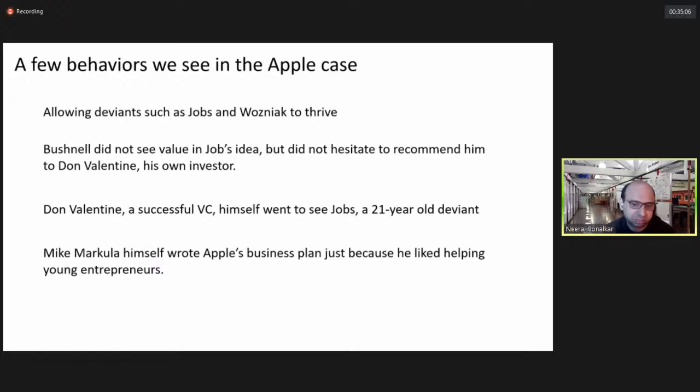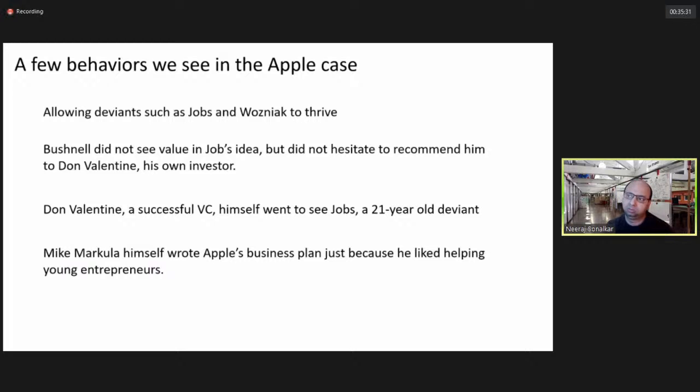He just went because he liked interacting with young people. So he went to Jobs' house. He worked with him in his own garage, wrote the business plan. And when he found out that, oh my God, this is a great opportunity, he invested his own money and came out of retirement, became the CEO. The first CEO of Apple was not Jobs, it was Mike Markkula.